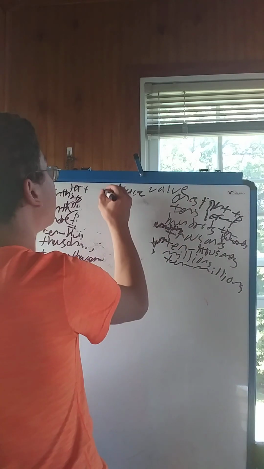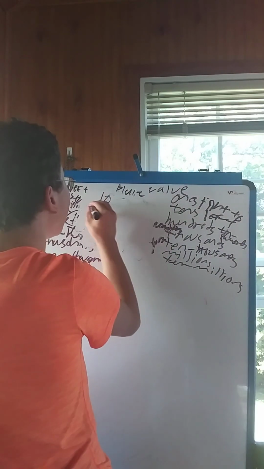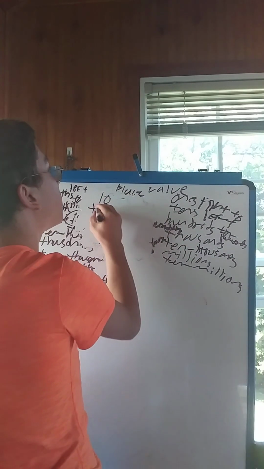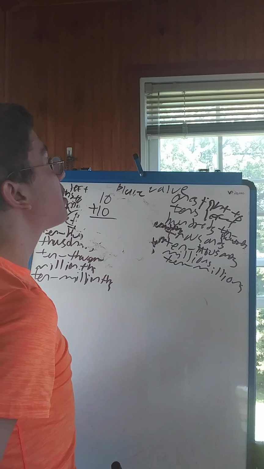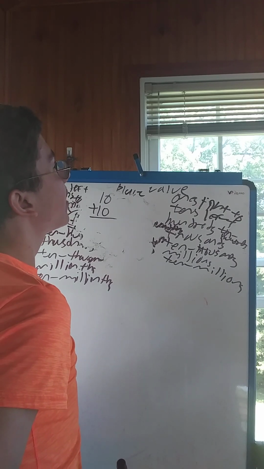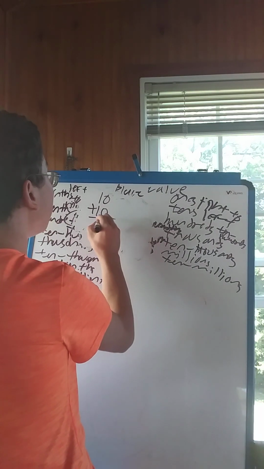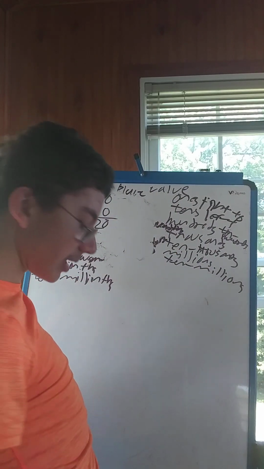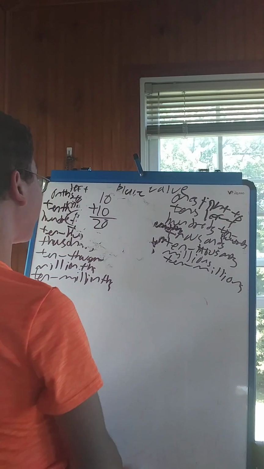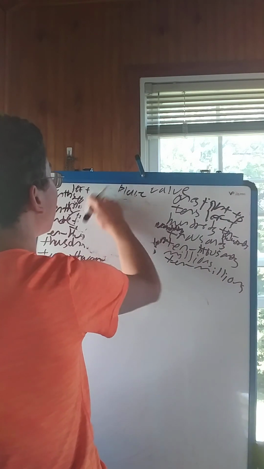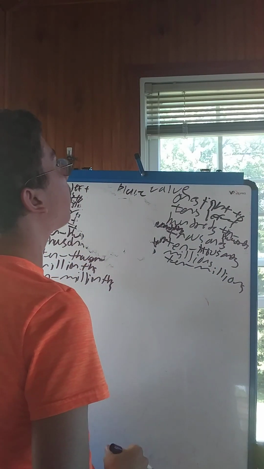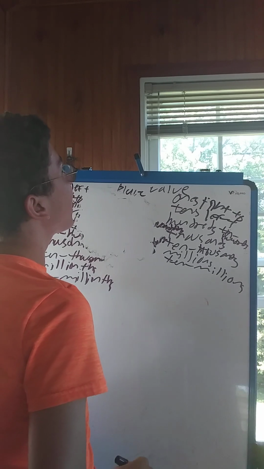So 10 plus 10. This would be very, very easy because we're just adding, and so 0, 2. So 20. So 10 plus 10, as we know, is 20.